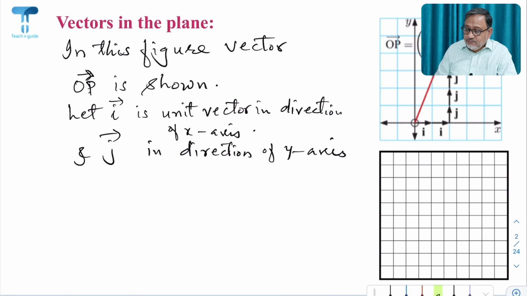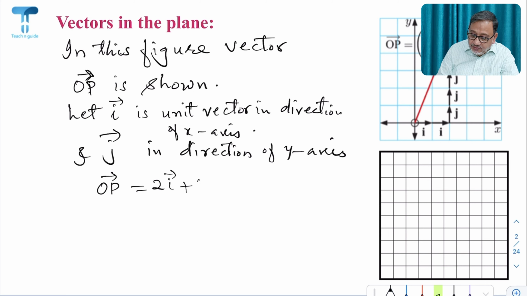Now this vector, which is represented by 2 and 5, is in the component form. So we can write this vector OP as 2i, I will write an arrow over it. In the book they don't write arrows, they write bold letters.